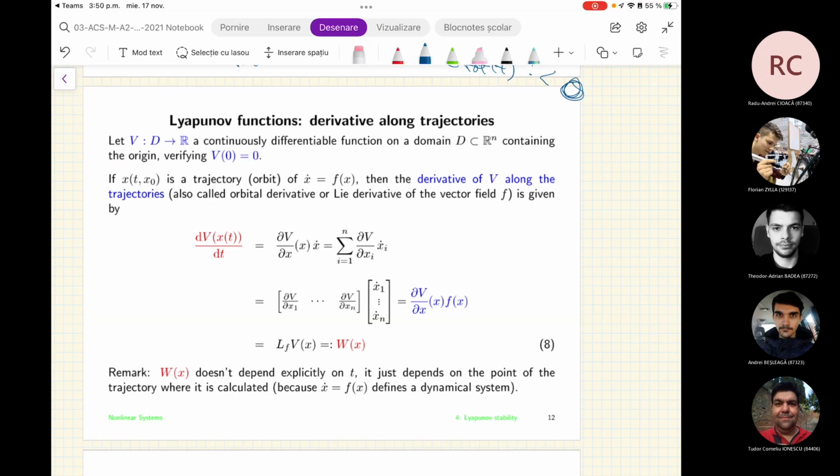If it's positive definite and it's 0 at 0, then you can call it an energy function, a Lyapunov function. It's an abstract, non-trivial expansion of the idea of energy. So we have a function V continuously differentiable on a domain containing the origin and verifying this condition.